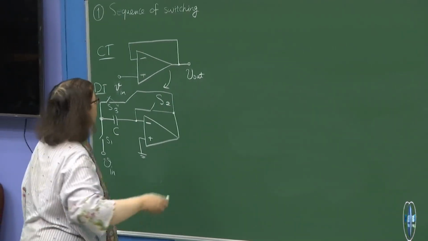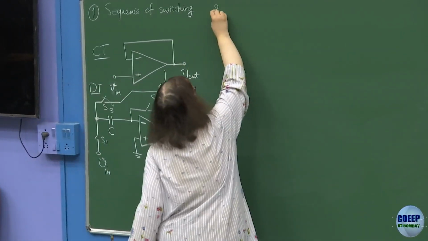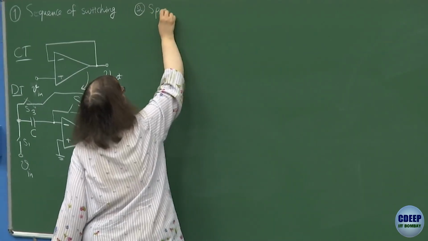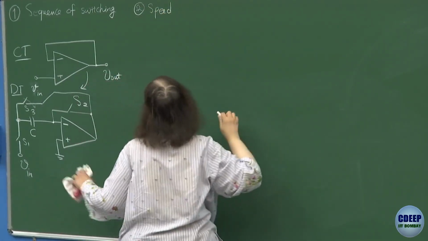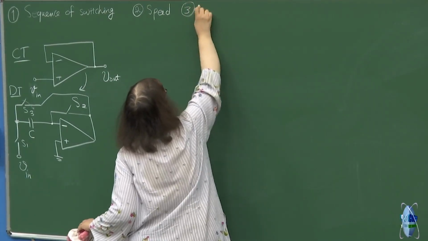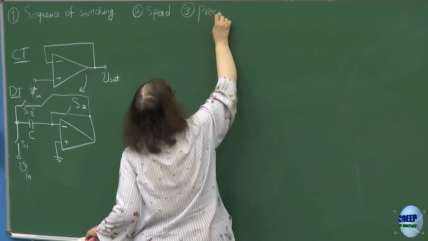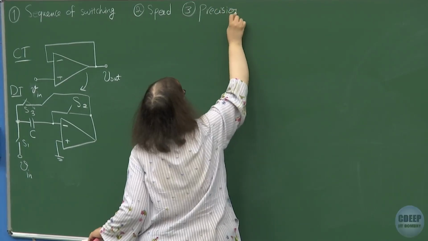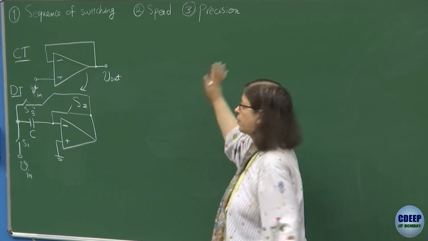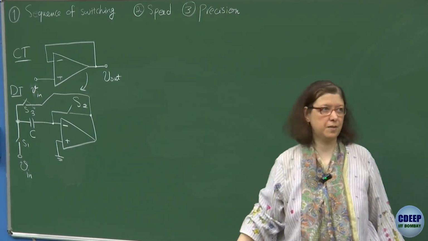So this was very important. Second thing was speed, for which we developed the models. And then we had precision, which depends on the limited gain of op-amp for now. So these three always should come for all switch capacitor circuits.